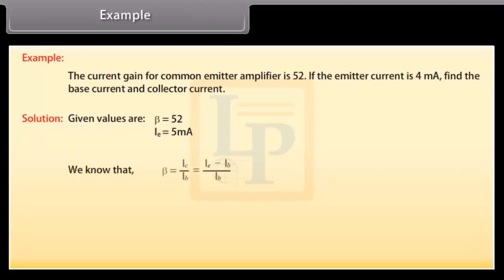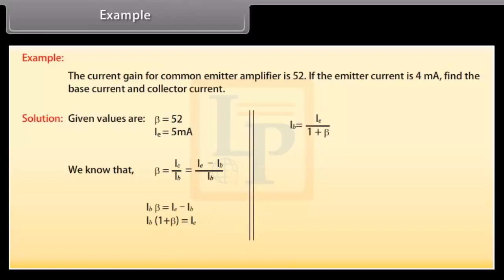We know that beta is equal to IC upon IB, which is equal to (IE minus IB) upon IB. On simplifying the expression we get IB is equal to IE upon (1 plus beta). Now putting the values in the expression and calculating, we get IB is equal to 0.08 milliampere.